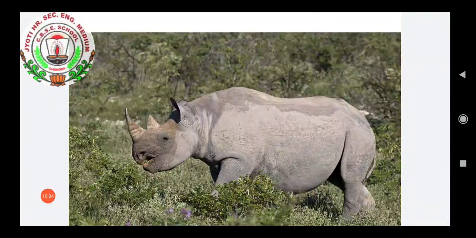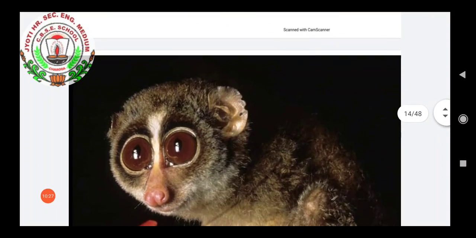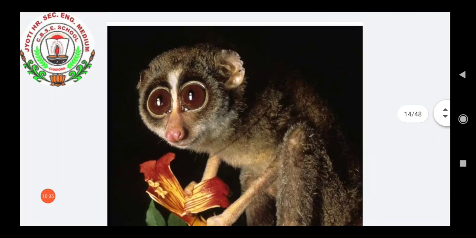Now the best known carnivorous animals are the tiger of India and the jaguar of the Amazon rainforest. Carnivorous animals means animals that eat flesh. In India, rhinoceros are found in the foothills of Assam and elephants are found in Western Ghats. Besides this, we have a few tree dwellers, including monkeys, and the picture that you are seeing is the slender loris, which is found in Sri Lanka and India.